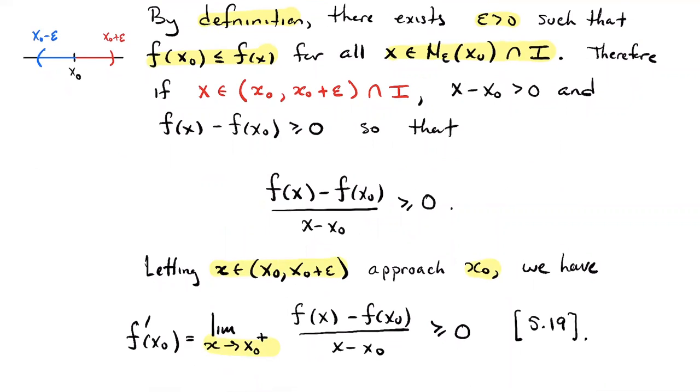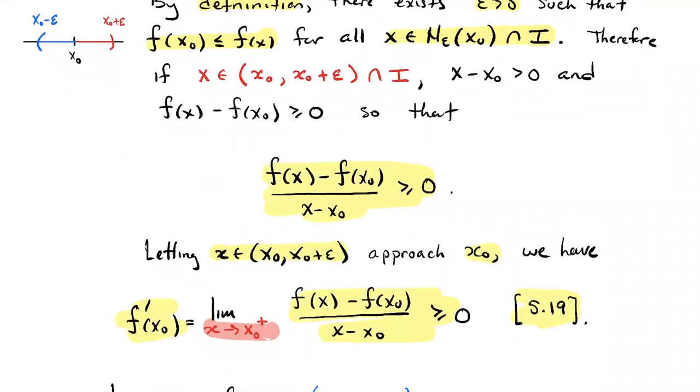Another way to think about it is I'm going to let x approach x naught, but only from values that are bigger than x naught. And we have a limit law, 5.1.9, that says if every one of these outputs is greater than or equal to 0, so is the limit. So what have I proven? I've proven that f prime of x naught is greater than or equal to 0.